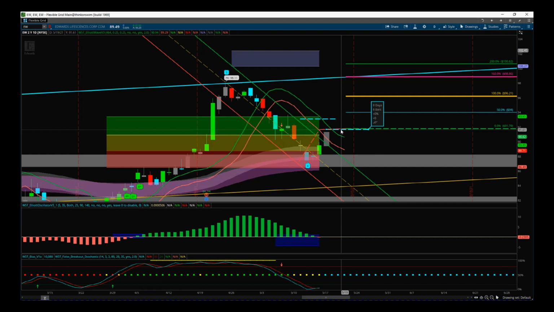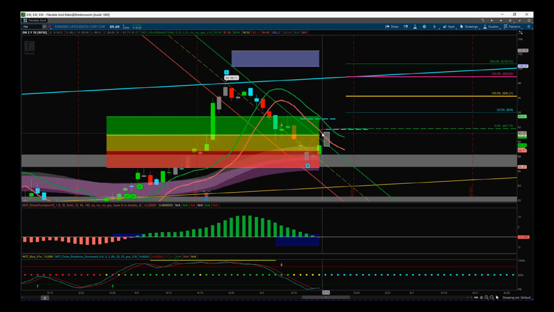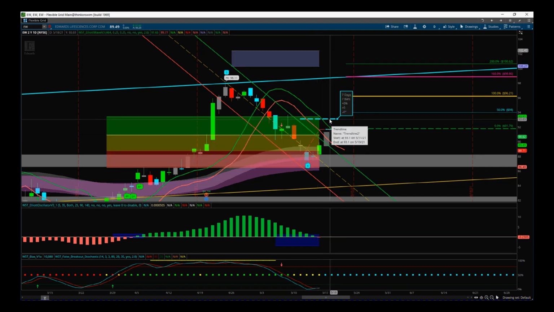If it closes outside and we get that higher high, higher low today, we can adjust an entry strategy tomorrow to compensate, to go above today's high, outside the 6-4 moving average high, and get a little bit better risk to reward. Or you could be super aggressive and get in really early. So there's 3 potential entry strategies there for that swing trade, and hopefully that all makes sense.